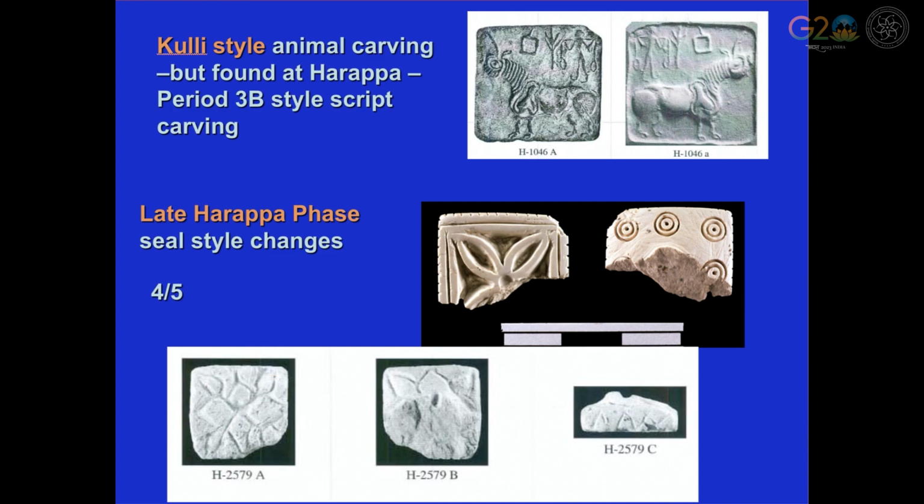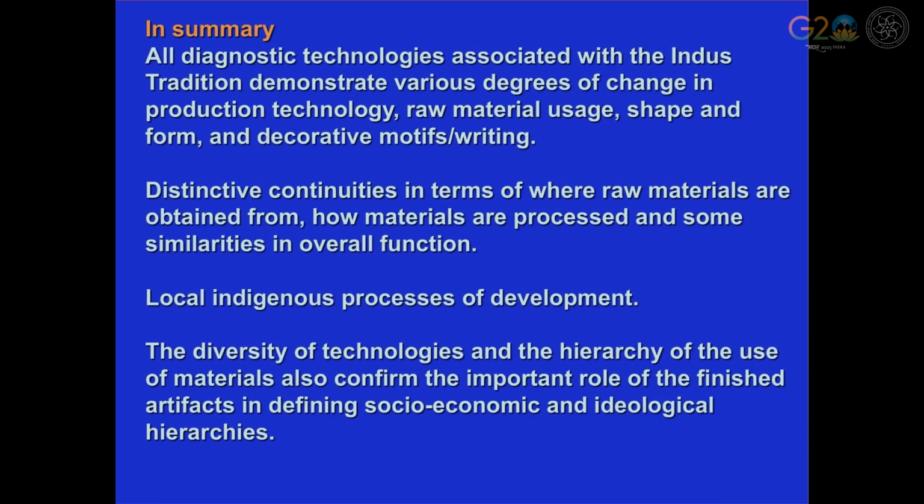So in summary, all diagnostic technologies associated with the Indus tradition demonstrate various degrees of change. This is change in production technology, raw materials, usage, shape, form, and decorative motifs. There are distinctive continuities, and I don't have time to review them again, but I've talked about them throughout this presentation.